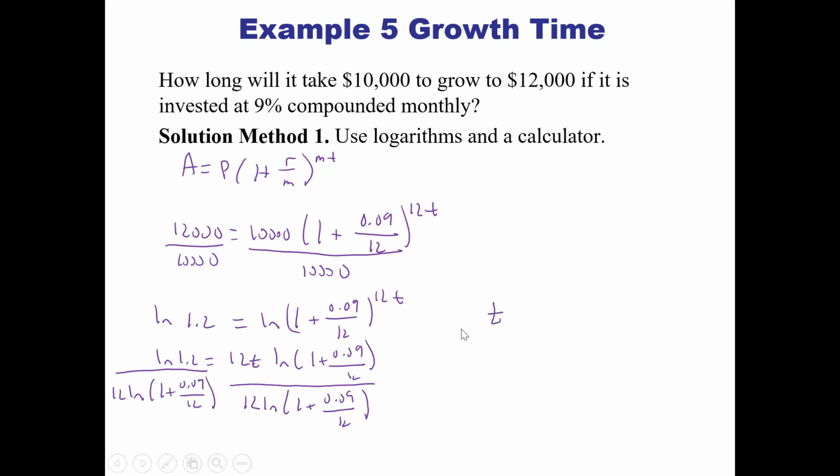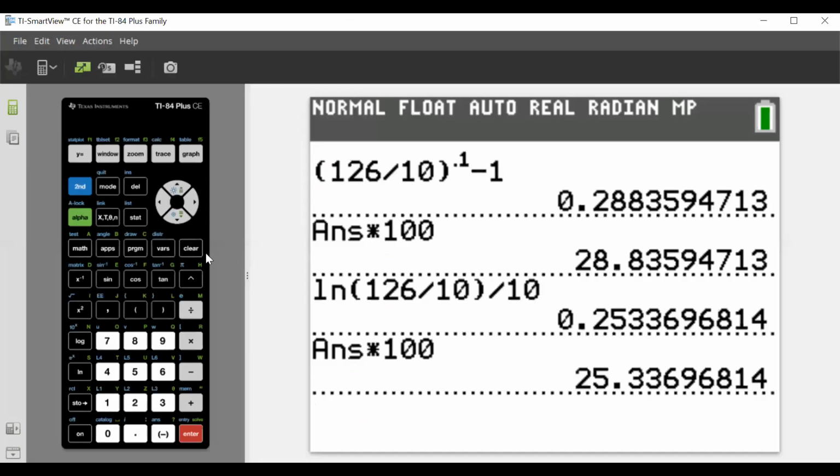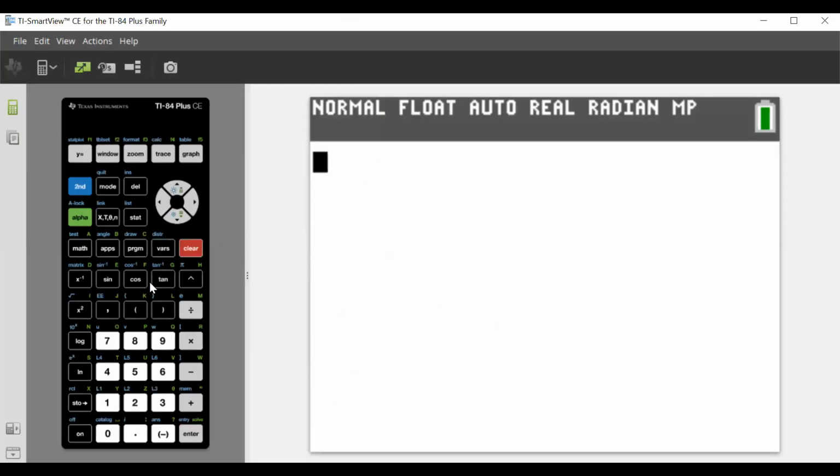All right, so now let's see if we can remember all that to type that in. We have the ln over here, 1.2 divided by, and on the right side we had, what was it?